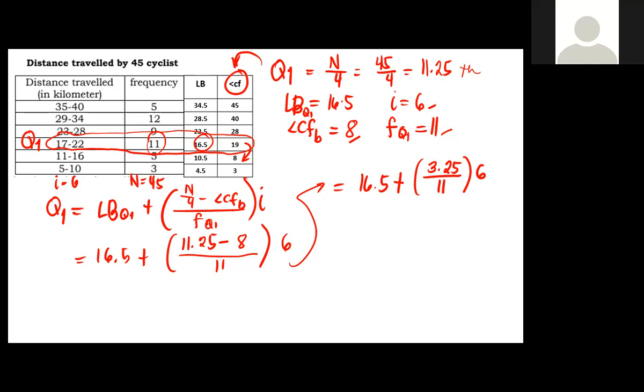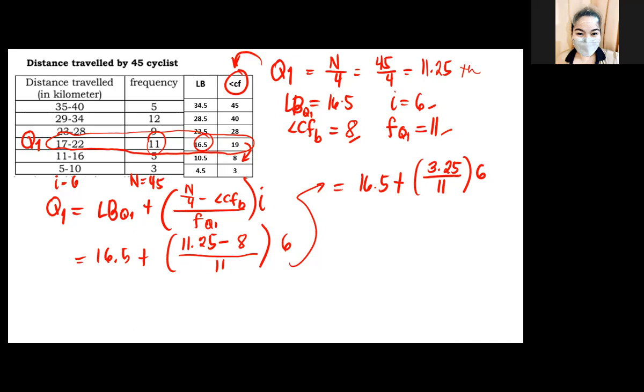Ano pong sabi ko pagdating sa pagde-divide? Hindi pa kayo pwedeng mag-round off hanggat hindi nyo siya namumultiply sa 6 or sa interval. So, ang sagot dyan is 0.29545454 and so on. Okay?